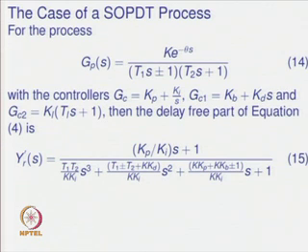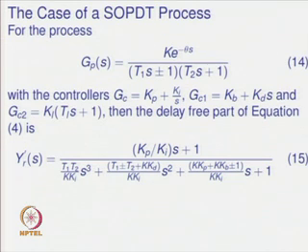How do you get YR dash upon S? The delay free part is given by the ratio of G Gc upon 1 plus G times (Gc plus Gc1). When you substitute those G, Gc and Gc1, the delay free part becomes this one, as shown in equation number 15.